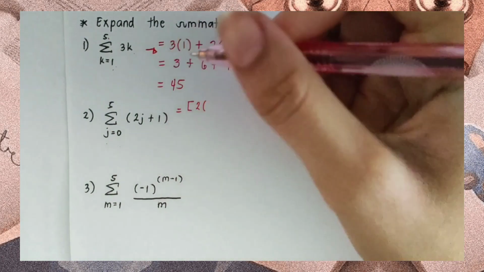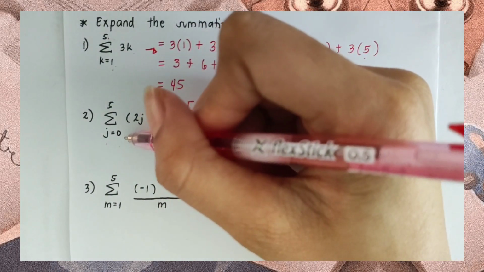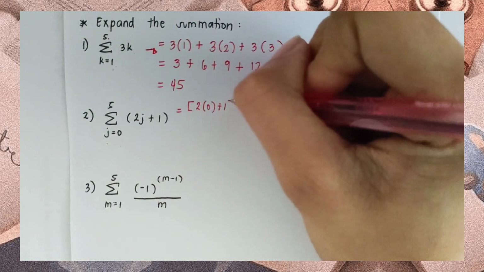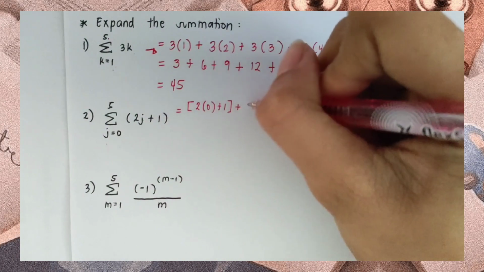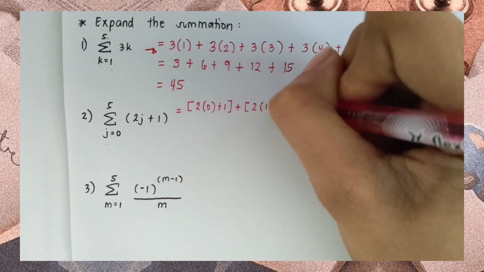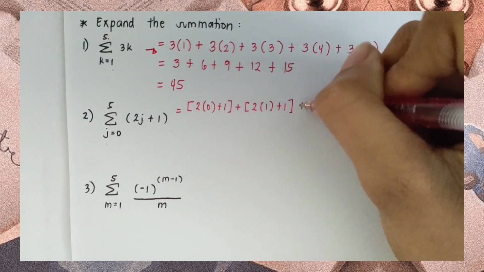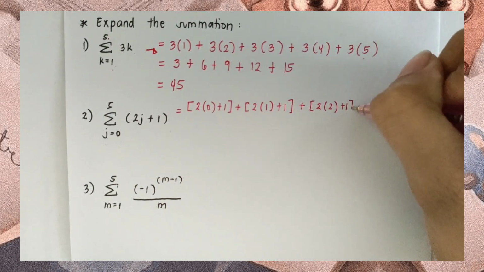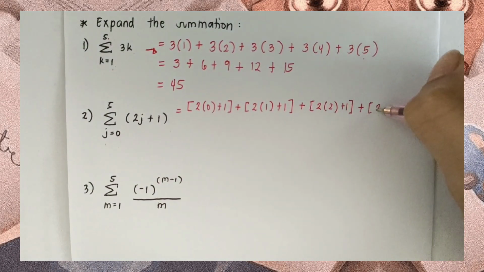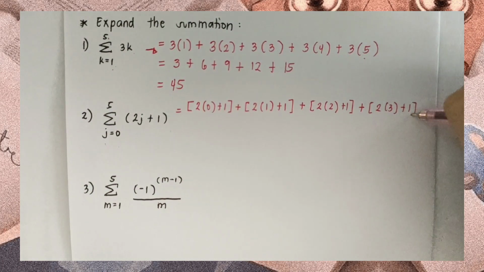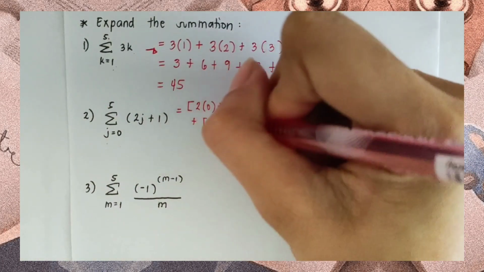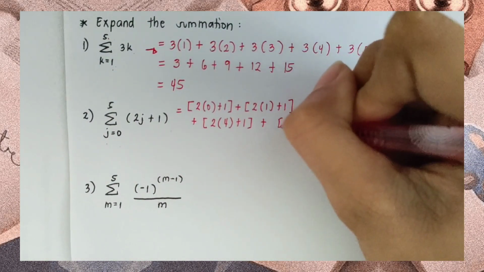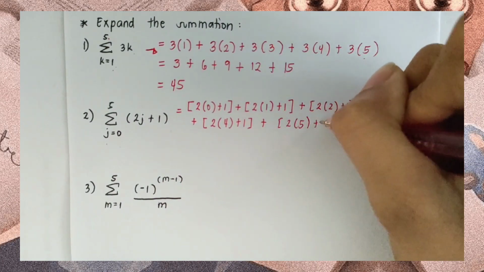2 times our lower limit or our starting point, which is 0. So j now will become 0, plus 1, plus 2 times 1 plus 1, plus 2 times 2 plus 1, plus 2 times 3 plus 1, plus 2 times 4 plus 1, plus 2 times 5 plus 1.